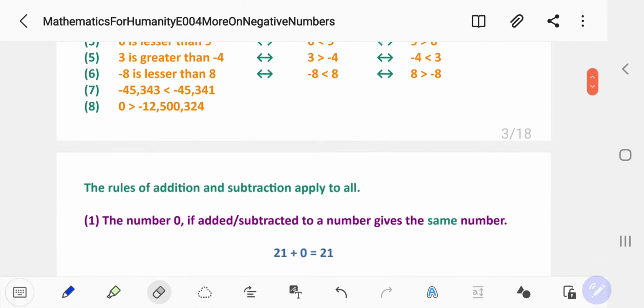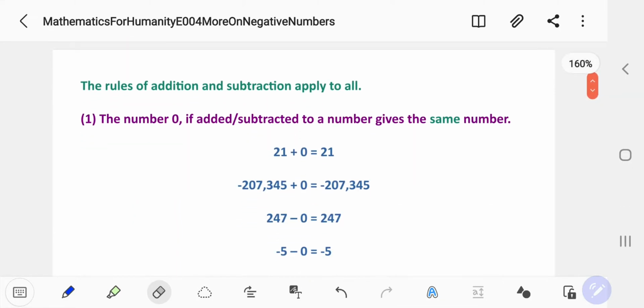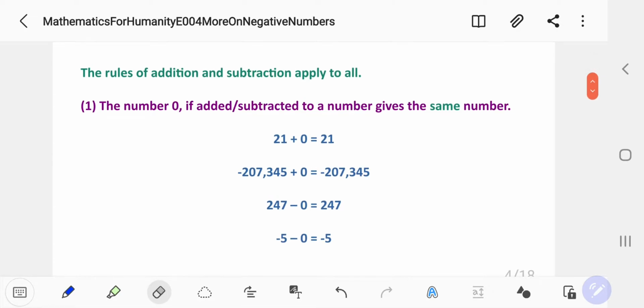And then we go to, since we now know about negative numbers, the rules of addition and subtraction, which apply to all numbers, whether the number is positive or negative.